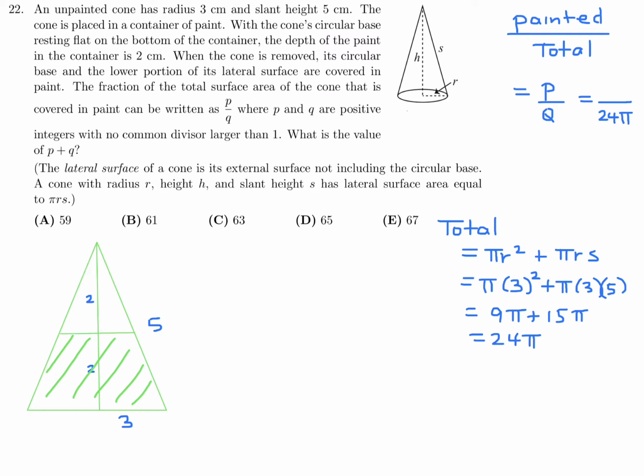That's not too much of a problem, because I can figure out this part and then subtract it from the total. So the painted part would basically be the total, which is 24 pi, minus pi r s, where the r and the s would be this r and this s.